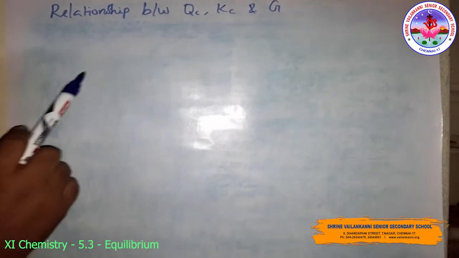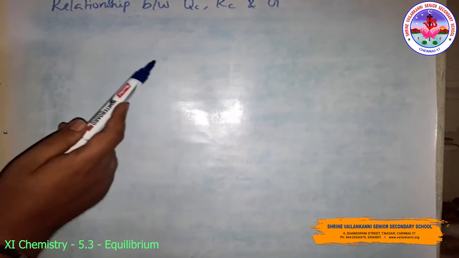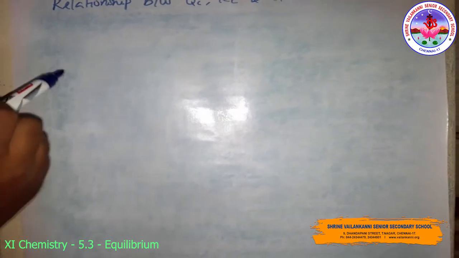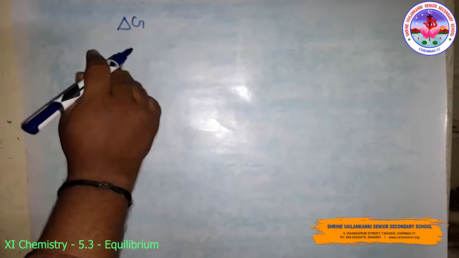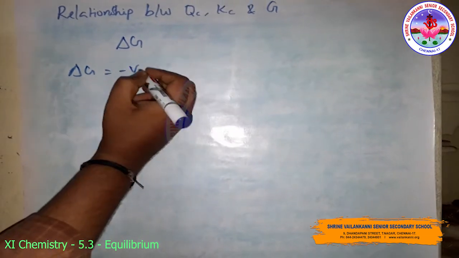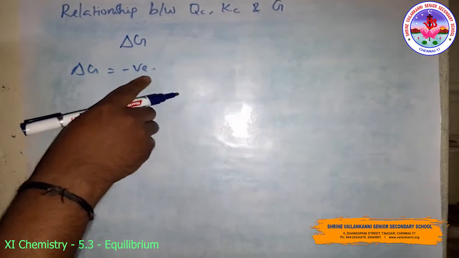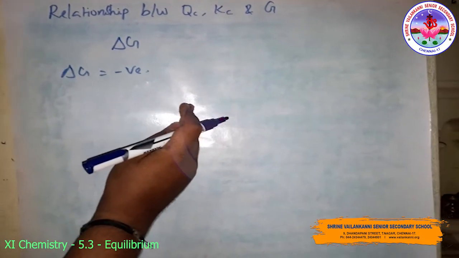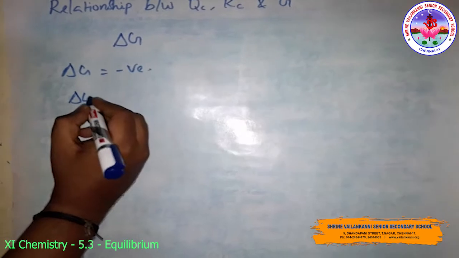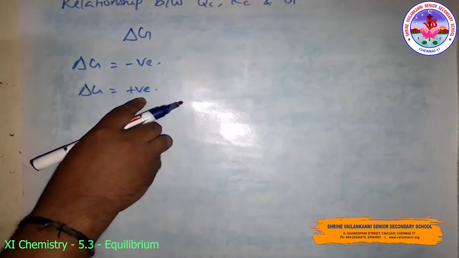This is directly related to the thermodynamics of the reaction, in particular to the change in the Gibbs energy, delta G. When delta G is negative, the reaction is spontaneous and proceeds in the forward direction. When delta G is positive, the reaction is non-spontaneous.